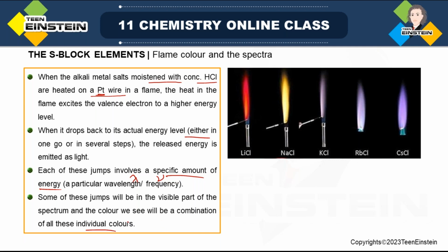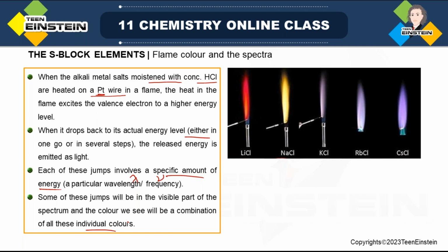It is basically a mixture, or better to say a combination, of individual colors, because it may involve several wavelengths or several frequencies. Suppose in lithium you are seeing some red color. Don't think that it belongs to a particular wavelength. No single value of wavelength is responsible. It may be a mixture. It is a combined effect.